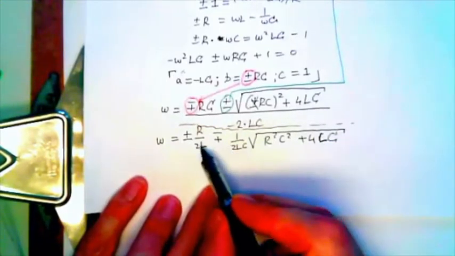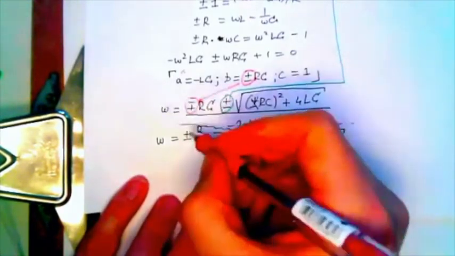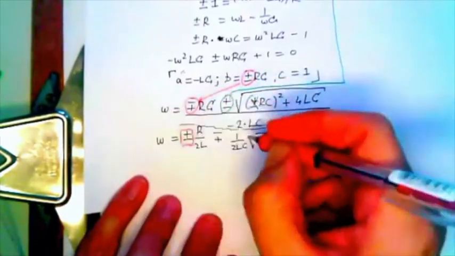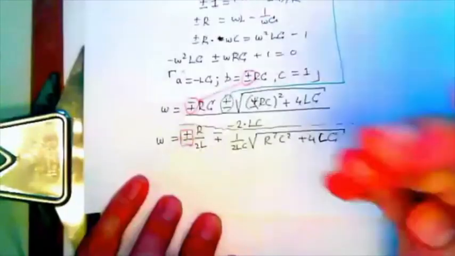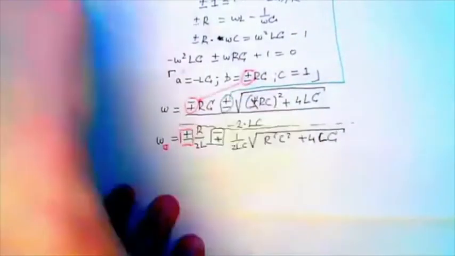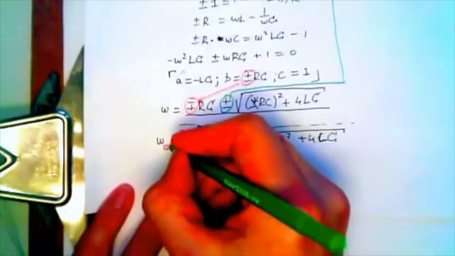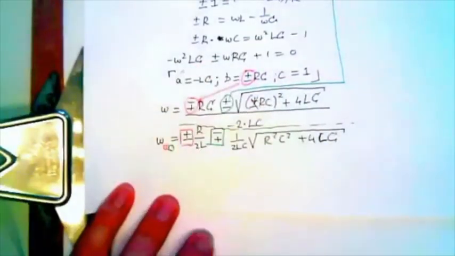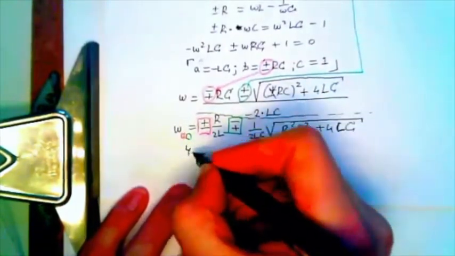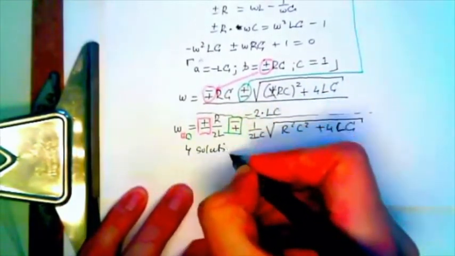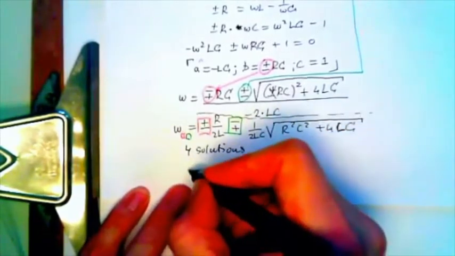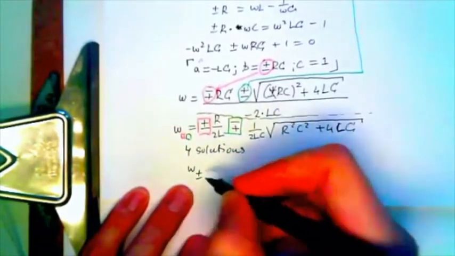Now, there are now 2 and 2, so 4 solutions, and we'll use indices here to indicate which one we're talking about. So we have 4 solutions. Omega plus minus plus minus.